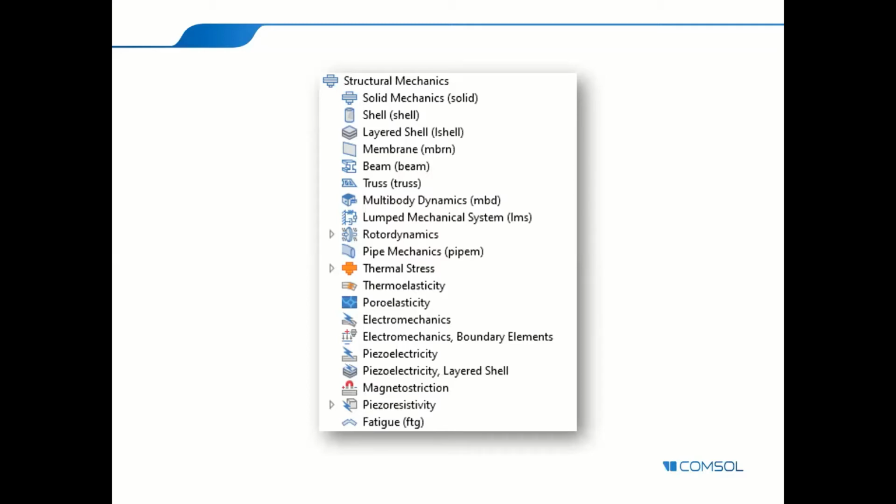One of the new features we have in COMSOL is the pipe mechanics feature, where you can simulate the pipe stresses in pipe walls based on external and internal pressures in pipe networks. There is also the multiphysics between structural mechanics and heat transfer and AC/DC, which you can find in thermal stresses in nodes.